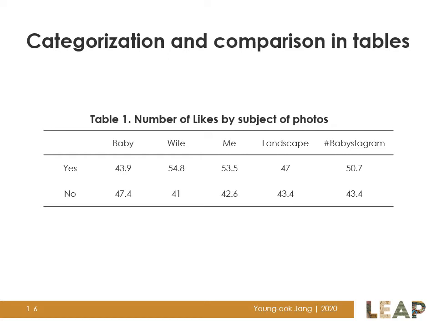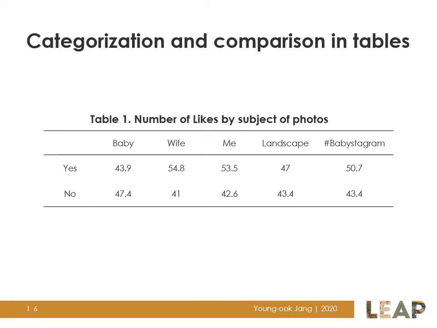Categorization and comparison tables. You can do categorization and comparison easily in tables. Look at the number of likes by subject of photos. I sometimes have my baby in my photos, my wife, myself, or a landscape, or hashtags like Babestagram. I categorized it in one table, right? If I have my baby in the photo, the average number of likes is 43.9, and if I don't have my baby, then it's 47.4.